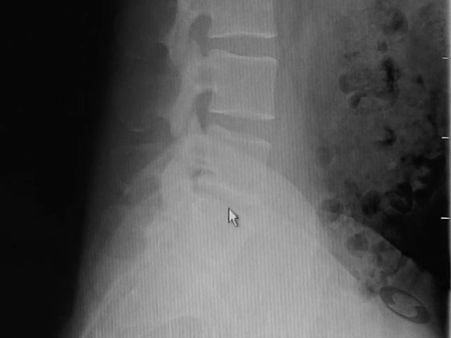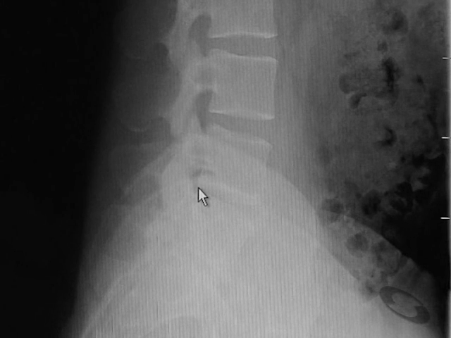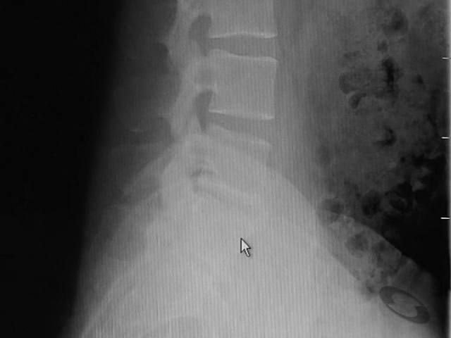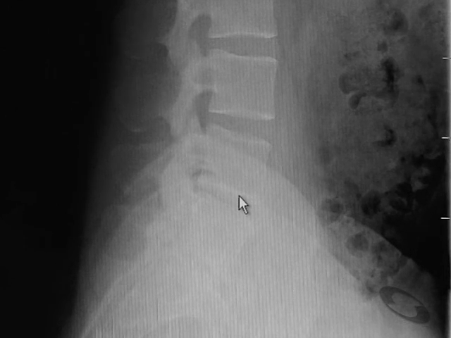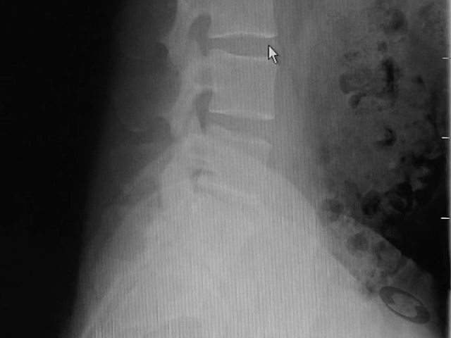At L5-S1, this disc space is considerably narrow. There's some retrolisthesis of L5 on S1, and we'll also see that in the MRI scan. This disc space is probably 50% collapsed relative to the normal disc spaces above.